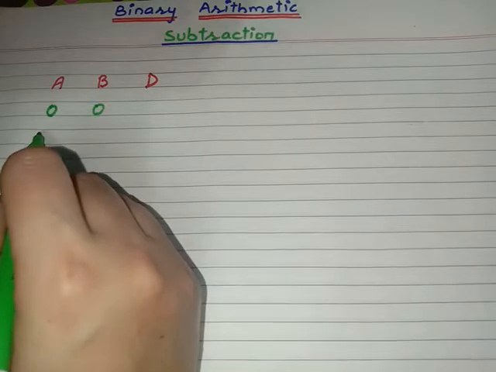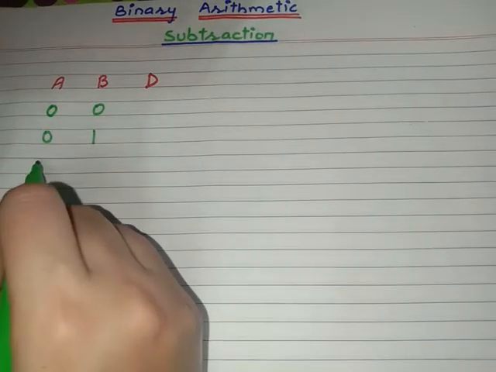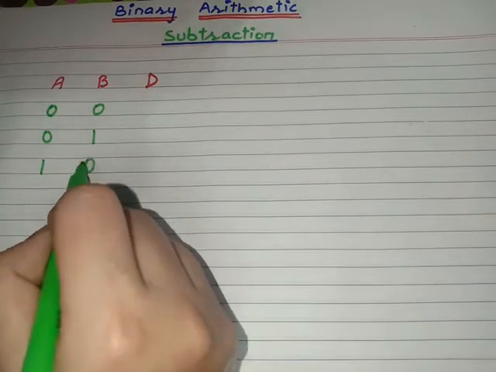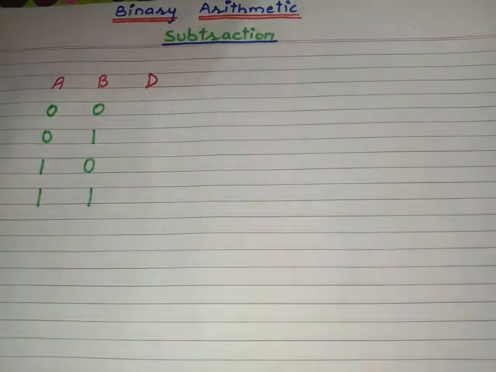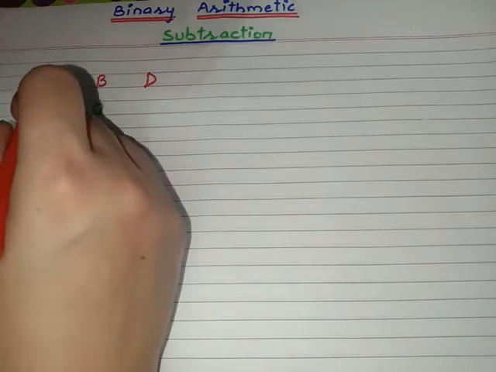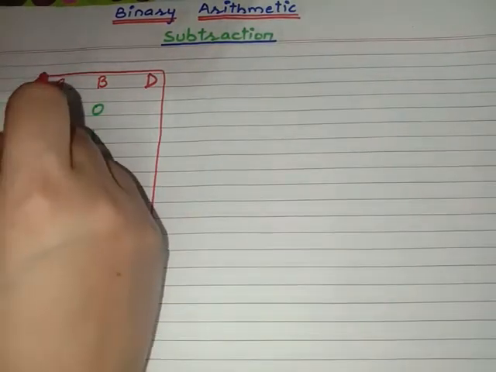There may be a chance that we have to subtract a 1 from 0. The third option may be to subtract 0 from 1, and the fourth option may be to subtract 1 from 1. So we will be discussing the different rules of how to subtract the different digits.